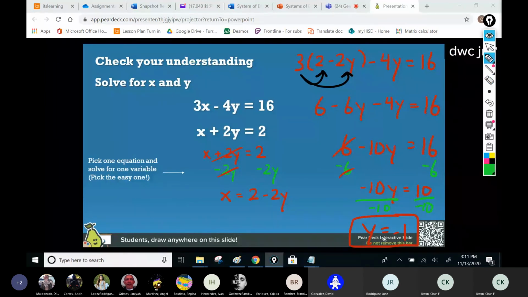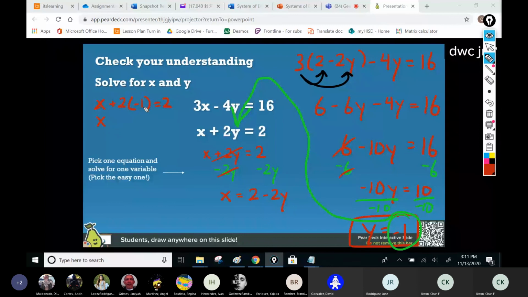Now that you've got one of the answers, y is negative 1, you're going to plug it into either equation. It doesn't matter. I'm going to plug this into the second equation and replace the y. So x plus 2 times negative 1 equals 2.